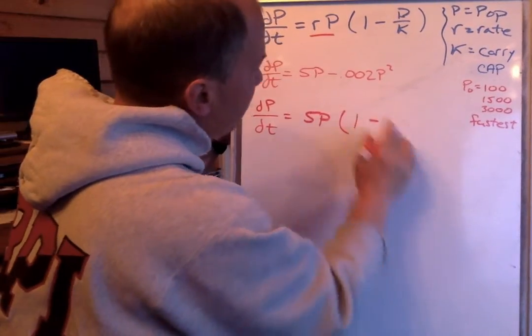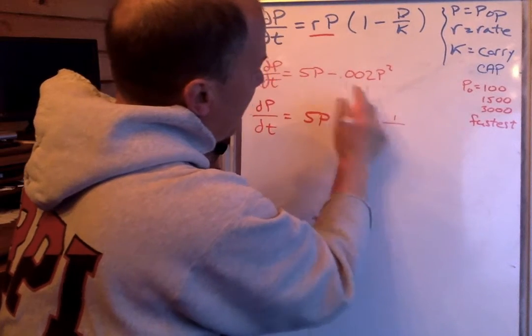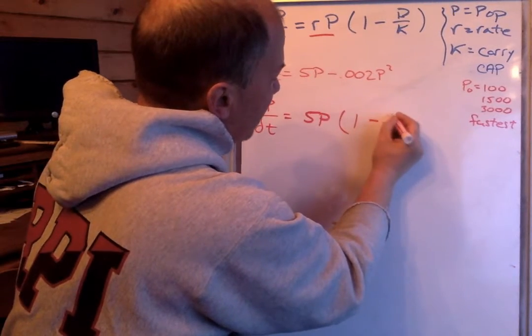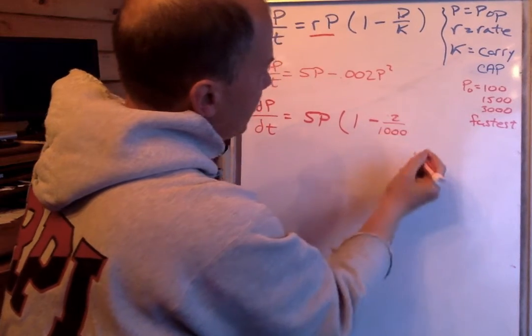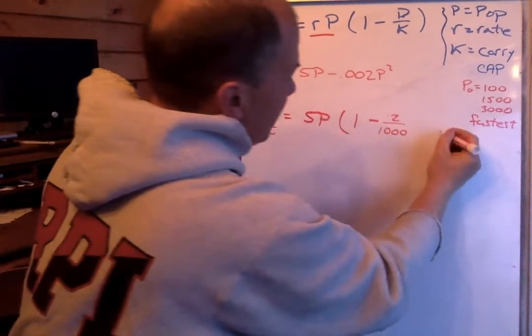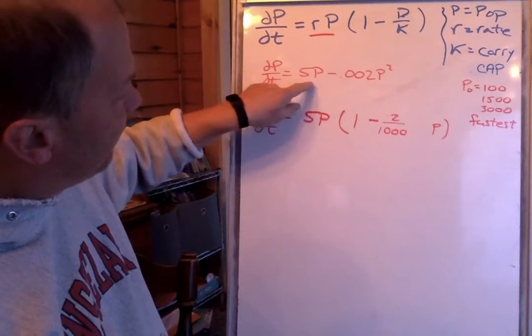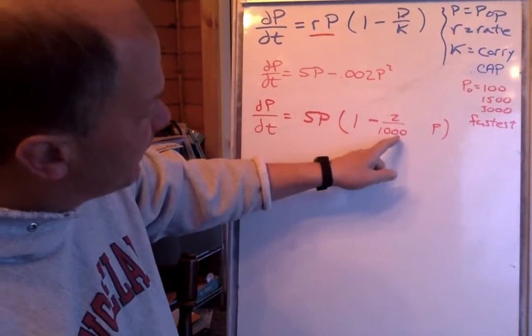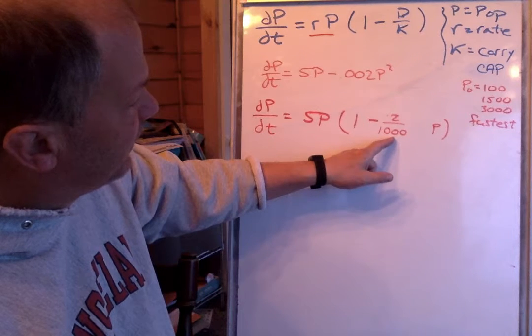And then I'm going to rewrite this just a little bit. I think we all realize that 0.002 is the same as 2 over 1,000. And we've taken out a p, so we're going to have a p. Not quite done. I pulled a 5p out of this, so that means that I also needed to have pulled a 5p out of this.